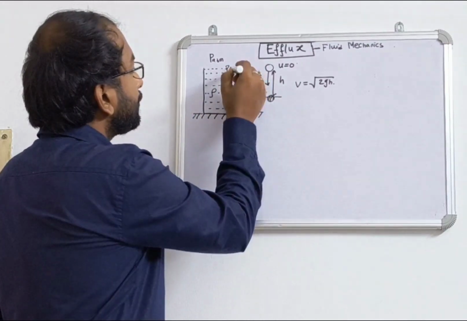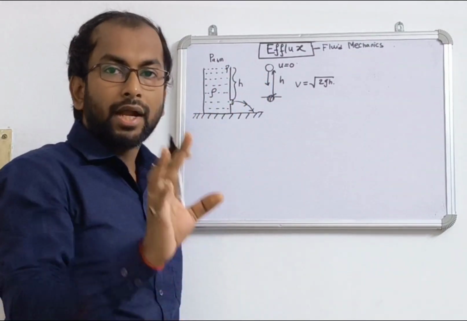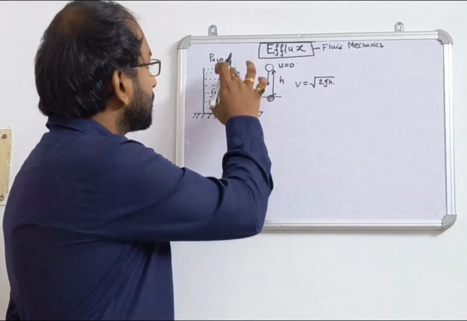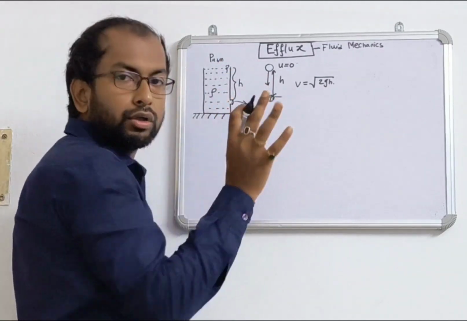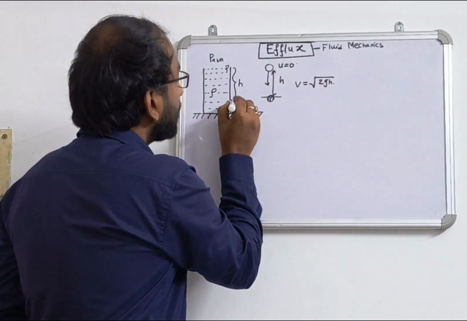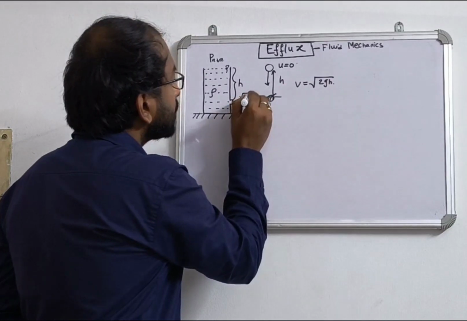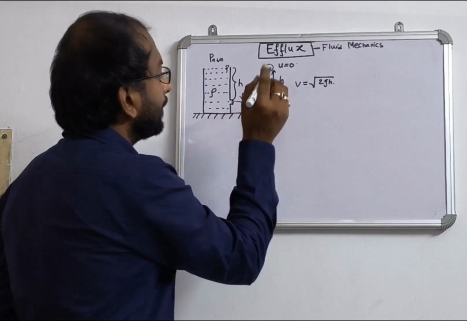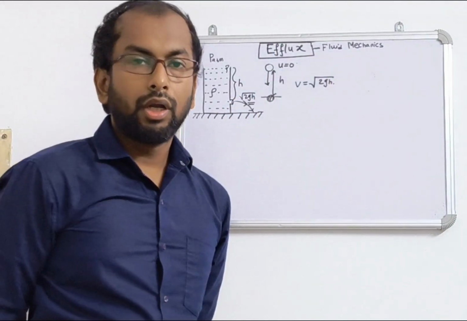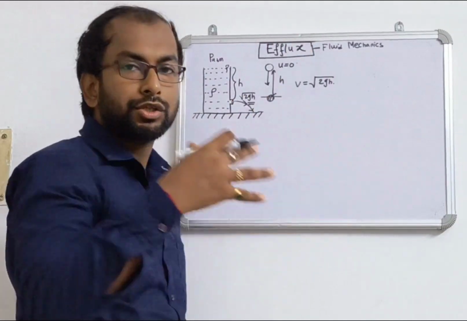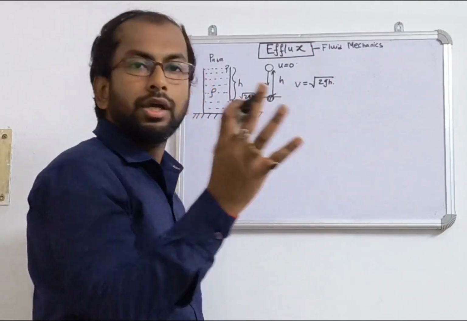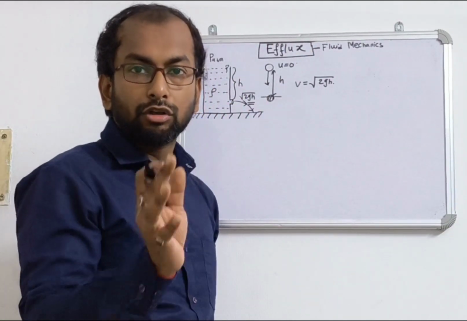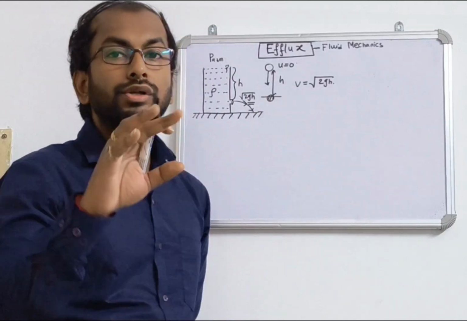Now, if a hole is there at depth h from the surface, the liquid flow will come out with velocity of root 2gh only. Now the projectile motion concept I just told to explain in an easy way. The actual concept lies in Bernoulli's theorem.